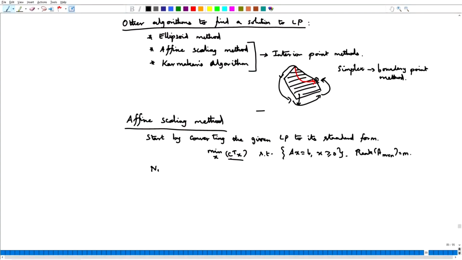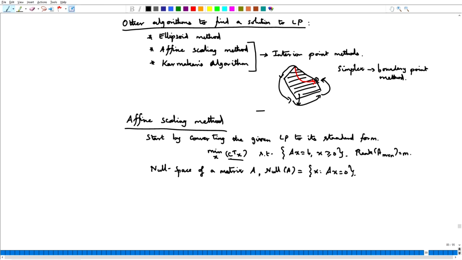Okay. So, you should ask what is so great about the null space of A. So, I suppose you are familiar with what is null space. Null space of A is the set of vectors x for which Ax is equal to 0. Okay. So, yeah, null space of a matrix A, I will denote that as null of A. So, that is the set of all x for which Ax is equal to 0.